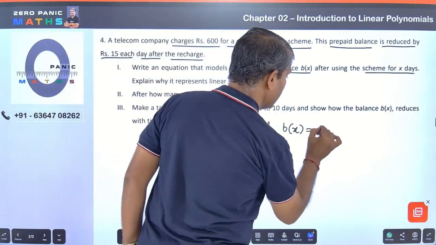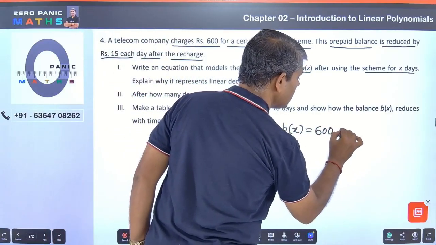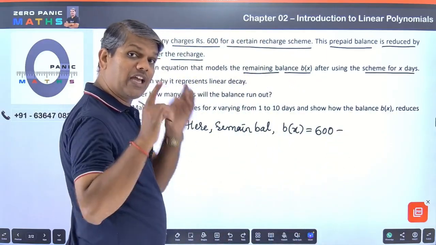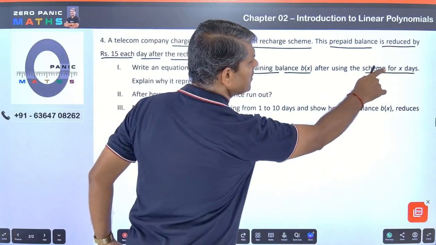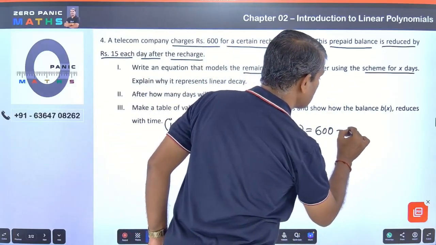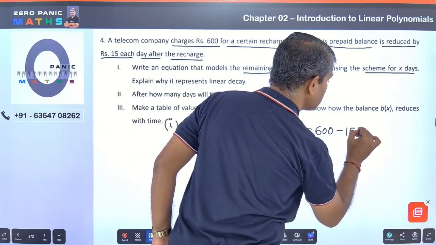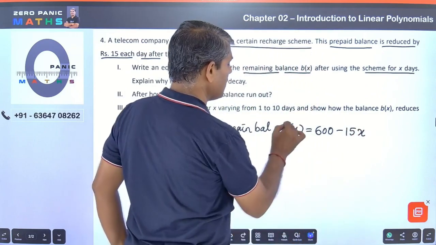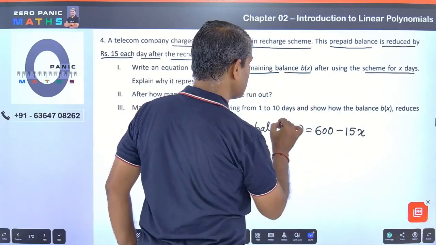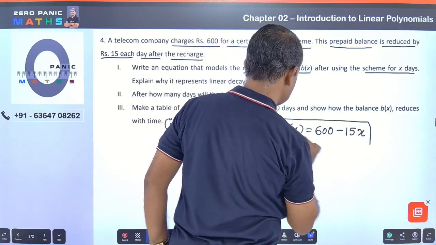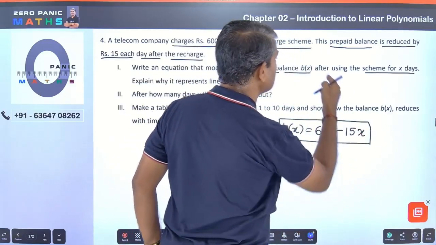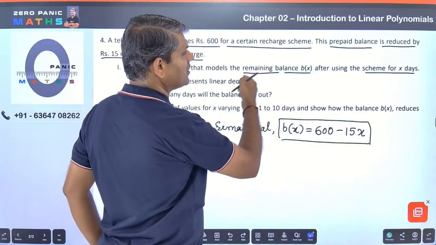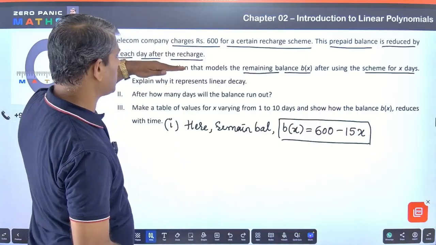So initially there will be 600 rupees as an initial value, and for every day, and day is represented by x, right? So for every day 15 rupees is deducted, so b of x is equal to 600 minus 15x. So this is the expression that represents the remaining balance. That is the answer for the first part of this question.